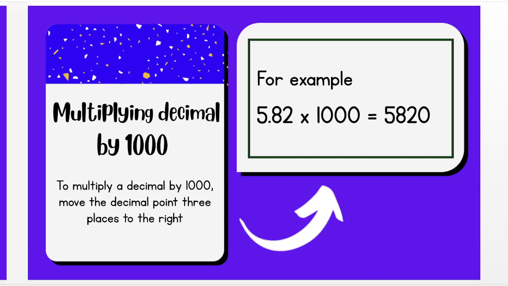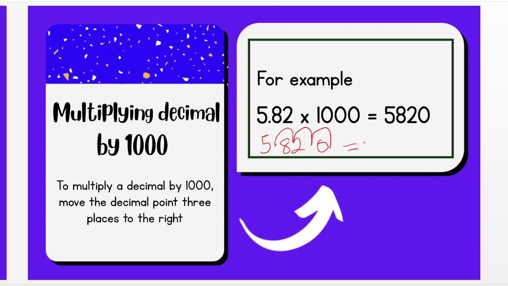You multiply by 1000. This is where we have to look very well. We're moving it 3 times. So that means we have 5.82, and we are going to move it 1, 2, 3. You can see that we don't have any number here, so we're going to add 0 to it.